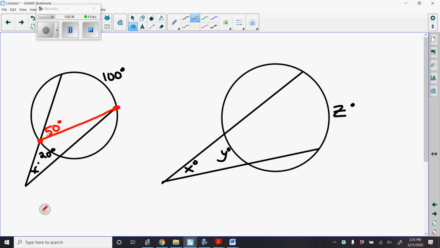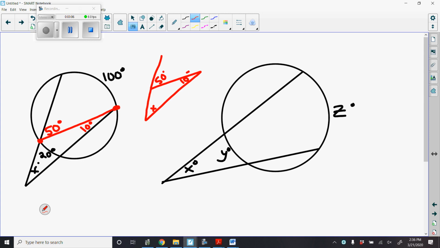Next, I'm going to focus on this inscribed angle. This inscribed angle intercepts an arc with a bend of 20 degrees. So I take half of that and I get 10 degrees for this angle right here. And then what I want you to see here is in this triangle, I have X here, I have 10 here, and I have 50 here.